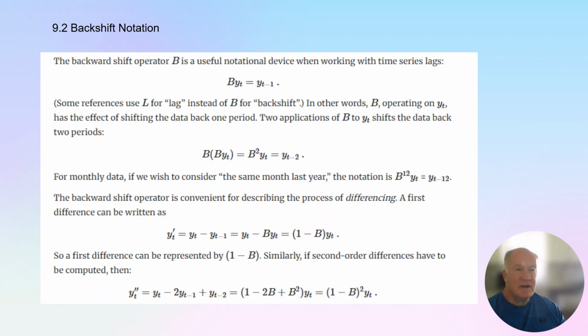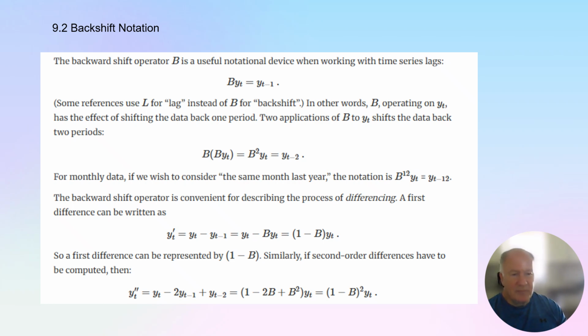So from your book, if we look at the backward shift operator, B of y of t is equal to the previous value of y. For some reference lag k, B to the k has the effect of shifting the data back k periods. Two applications shift it back 2 periods.